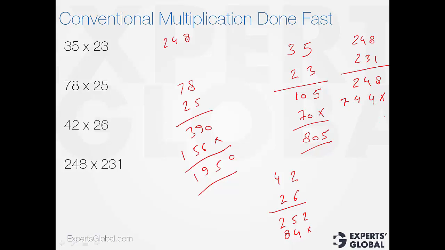That's 744. 2 into 248, that is 496. So you have 8, 1 carry 17, 57288. Yeah, it will take some time because such a number would take time any which way unless you are a human computer.